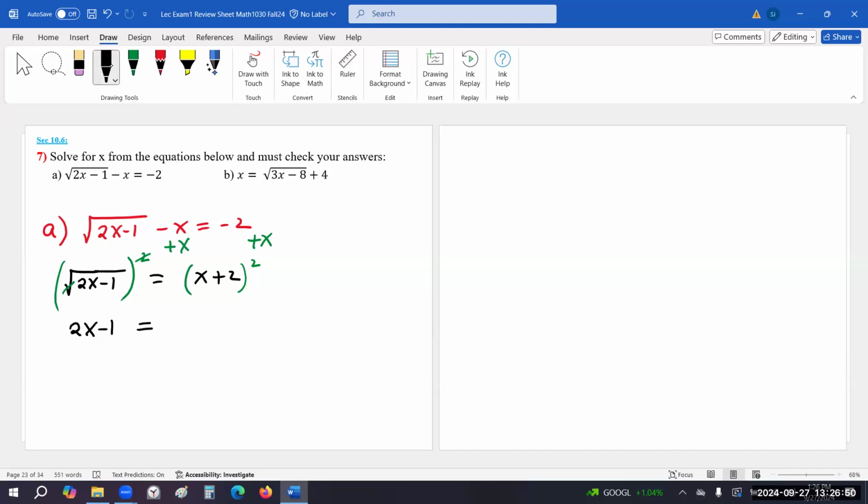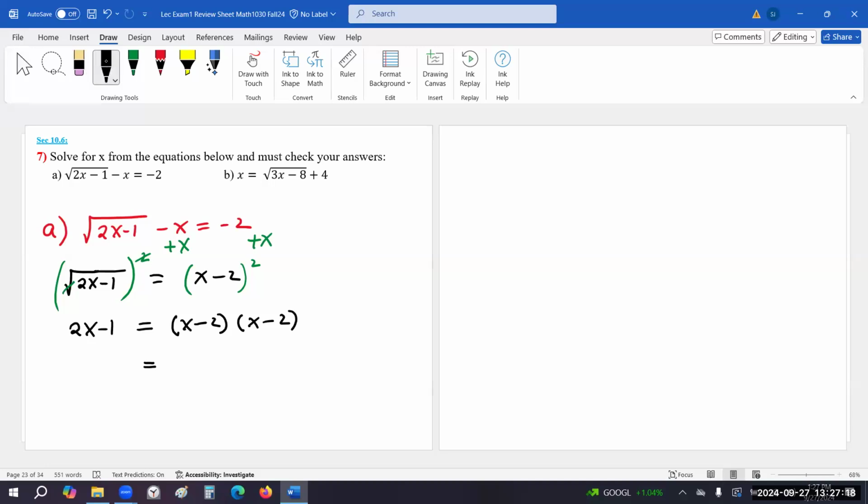But what happens to the other side? Good, you remember that. We never distribute the power when you add or subtract. Instead, we have to use FOIL. So would you like to try, Angel? Matthew? Sure. Exactly, thank you, Matthew.